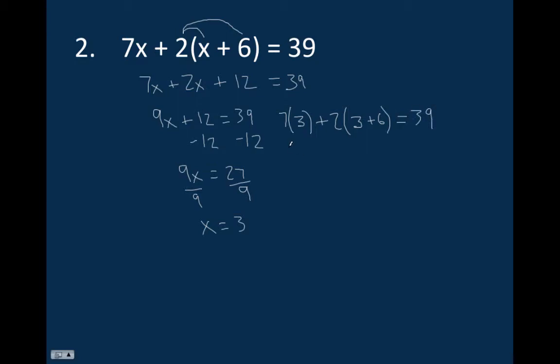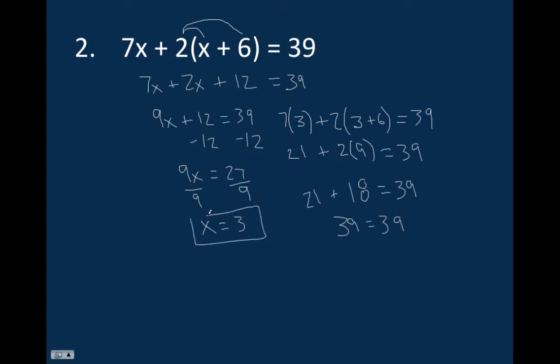Well, 3 times 7 is 21, plus 3 plus 6, so we have 2 times 9 here, equals 39. 2 times 9 we know is 18. So we have 21 plus 18 equals 39. 21 plus 18 is 39. So we have 39 equals 39. x equals 3 is obviously the solution.